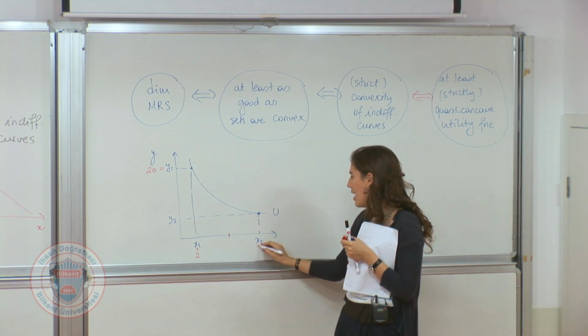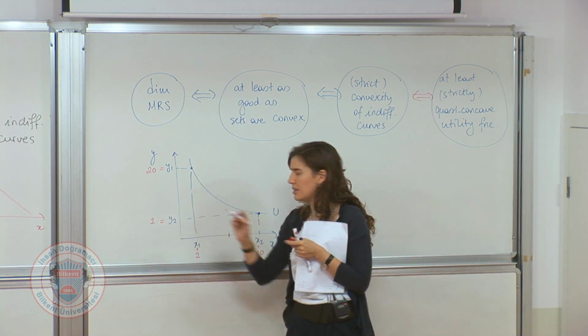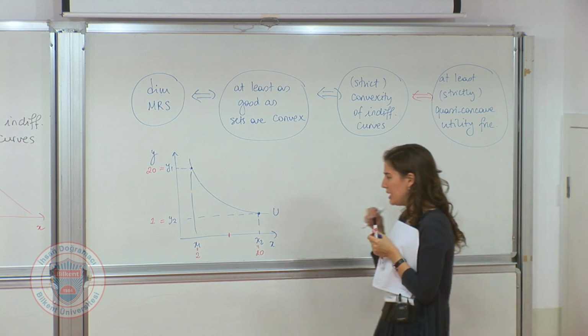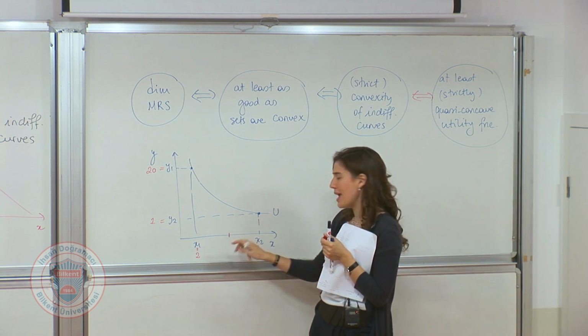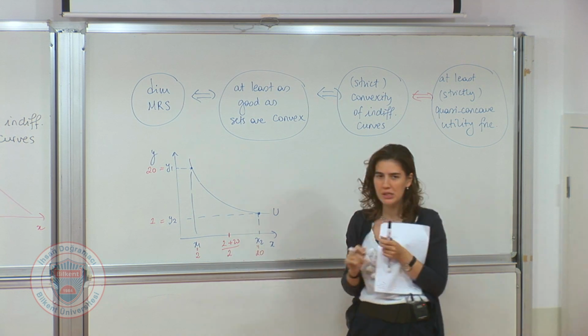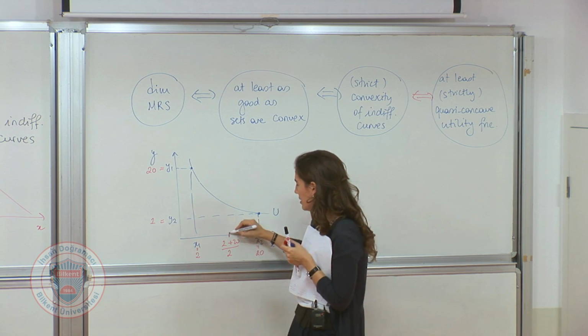And suppose you have here 20 cans of Coke and 2 slices of pizza, okay? So what strict convexity means is that suppose I have 2 plus 20 divided by 2. What is this? 11, right? So suppose I have 11, basically.